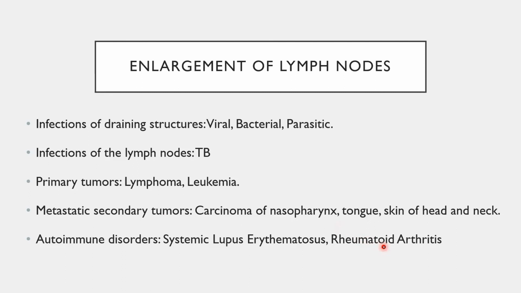And also another cause of enlargement of lymph nodes is autoimmune disorders. That is, the immune system doesn't work properly in these patients and starts attacking their own cells. So this occurs in conditions like systemic lupus erythematosus and rheumatoid arthritis.